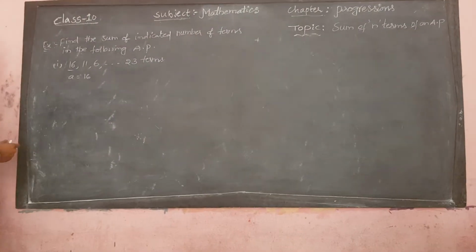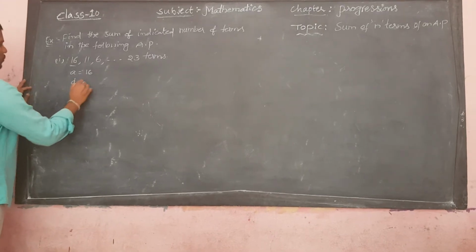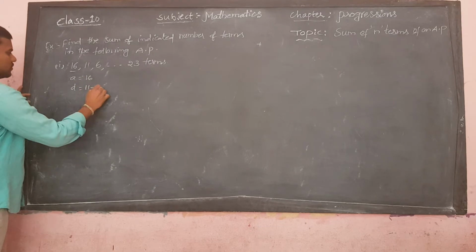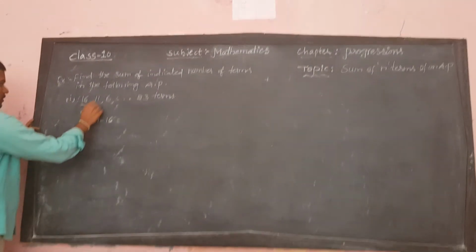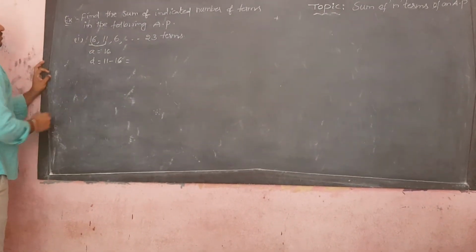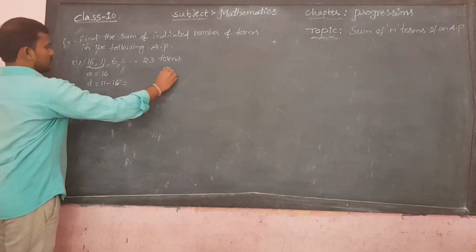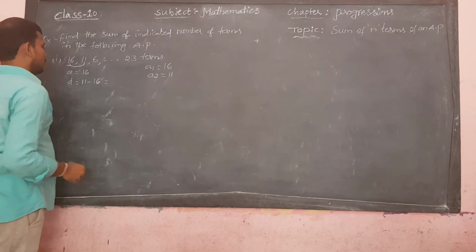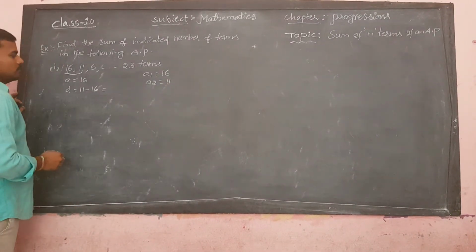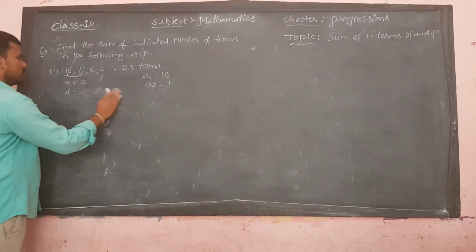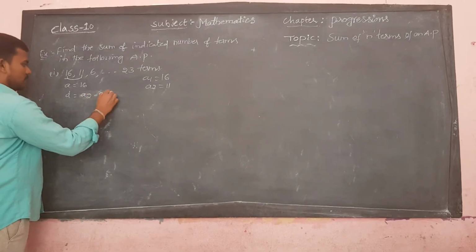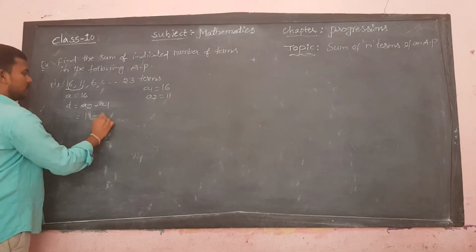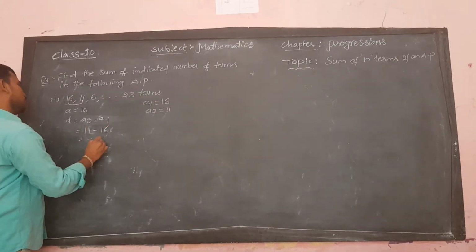The common difference d is equal to a2 minus a1, which is 11 minus 16, that is minus 5.